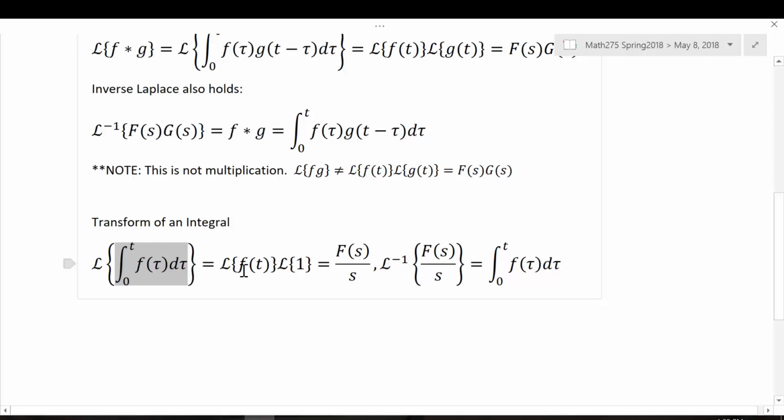The Laplace transform of that is capital F of s divided by s. And more importantly, if you have in the Laplace world some function that you know the Laplace transform of, and it's divided by s, you can bring it back to the real world through this integral. Michael.